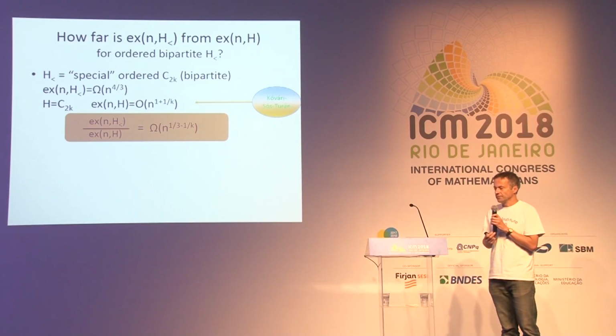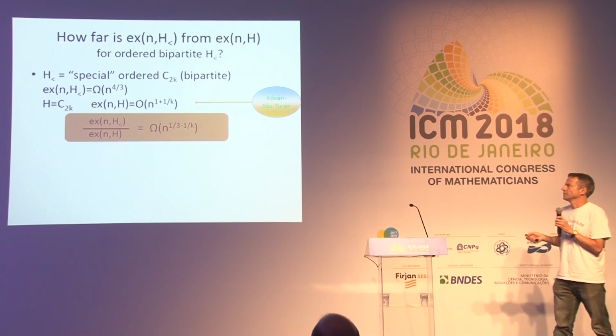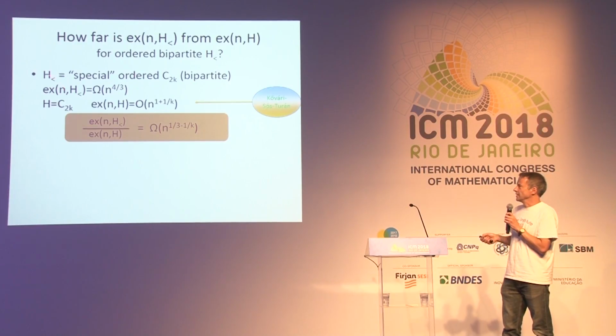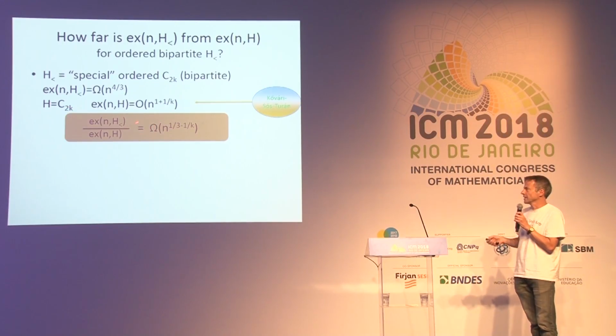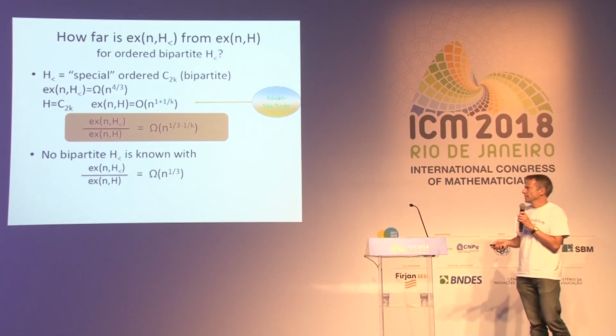Okay, so the Füredi-Hajnal conjecture, this particular one was not true. So how far can these two extremal functions be from each other? And in this particular case, we proved that the ratio is n to the almost 1/3.